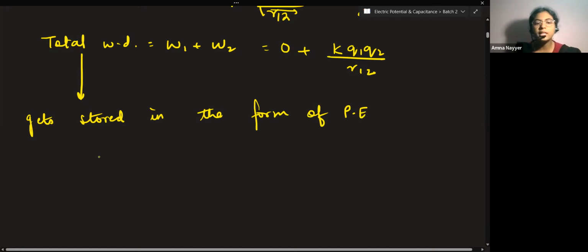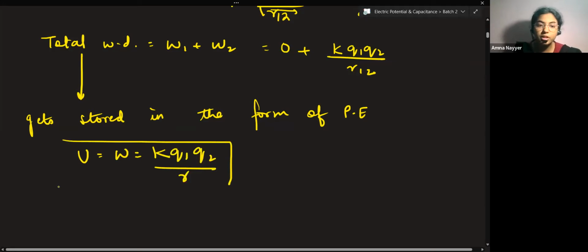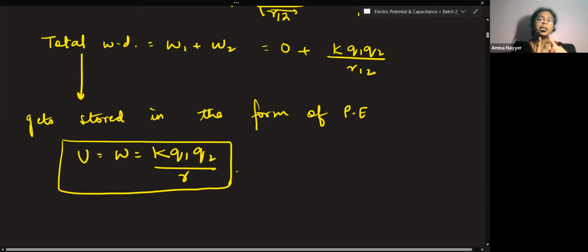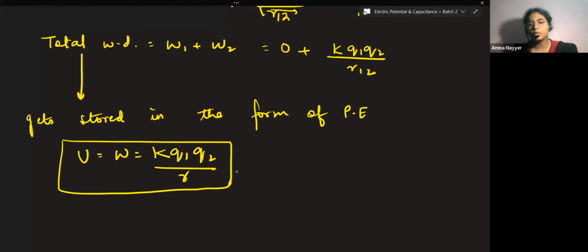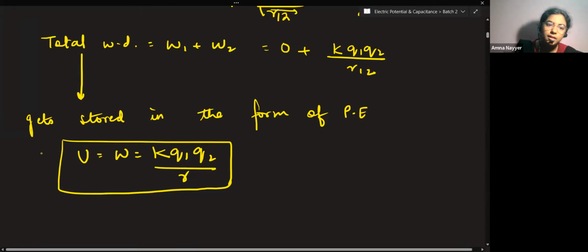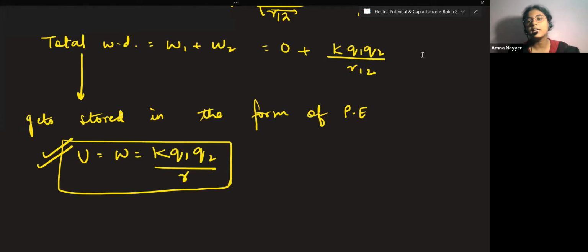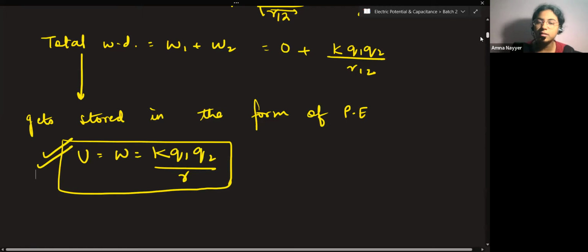So your potential energy is equal to the work done, that is K Q1 Q2 divided by R. So remember, now this becomes your general formula for two point charges. If you have charges like Q3 Q4, it will be K Q3 Q4 divided by R. This is the formula of potential energy, because the whole work done gets stored in the form of potential energy. Is it clear to all of you?